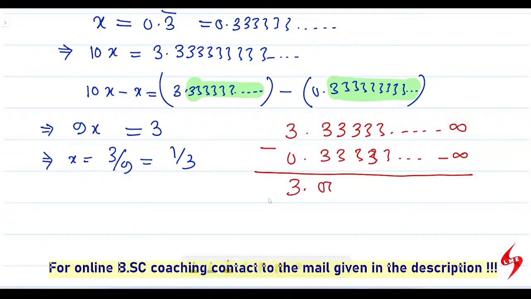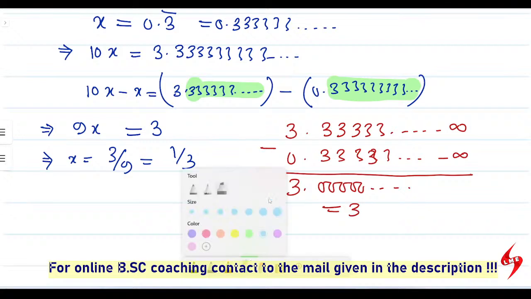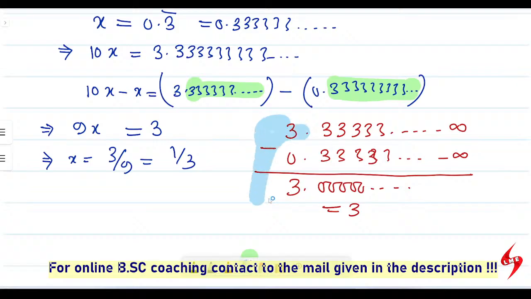So 3.0000 and so on, that will also be 3. Remember this to solve. This is rough work here.